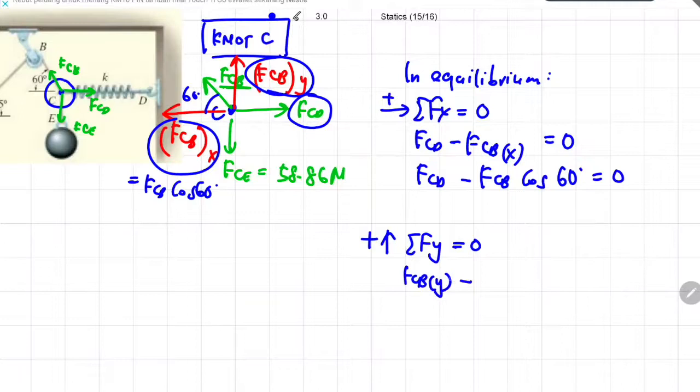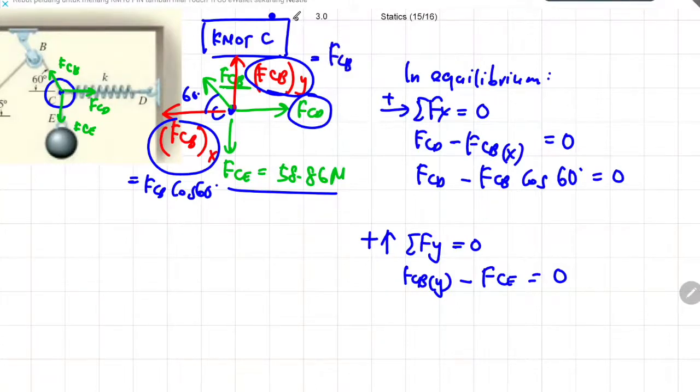The arrow is pointed upward, so it is positive. And then the second force is the FCE. But notice FCE's arrow is pointed downwards. So if downwards, then the magnitude becomes negative. Are there any more forces acting in the y direction? No, so that is all. All this summation should be equivalent to 0.